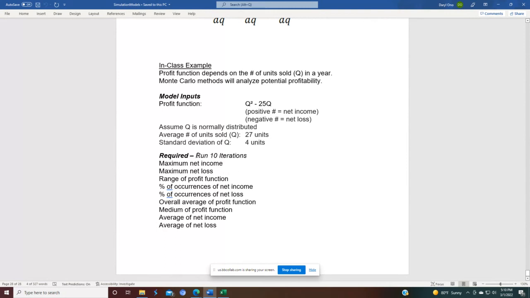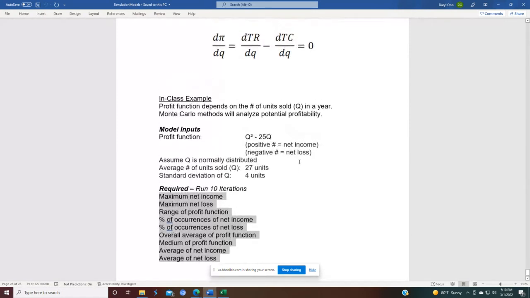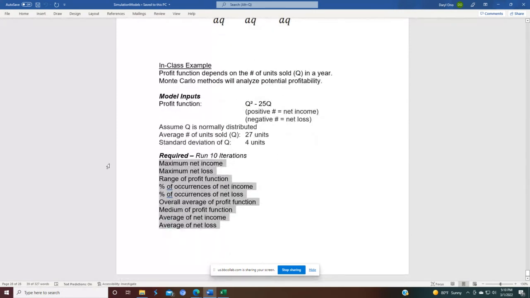We'll run 10 iterations, and we'll see how many of these key performance indicators we can get. So you're going to see that I'm going to use if-then-else statements like you do in computer programming. Okay, so let's keep this up. Here we go.